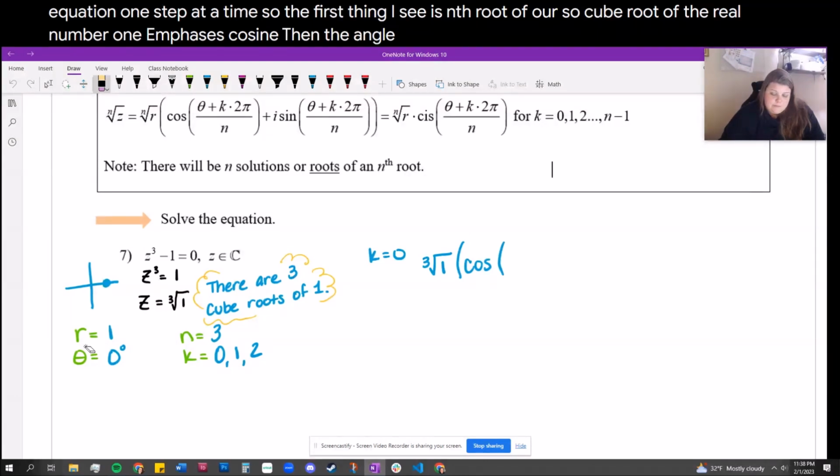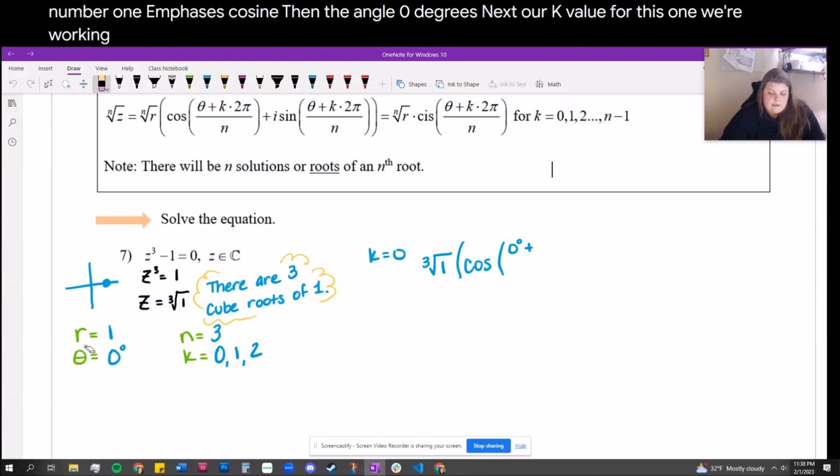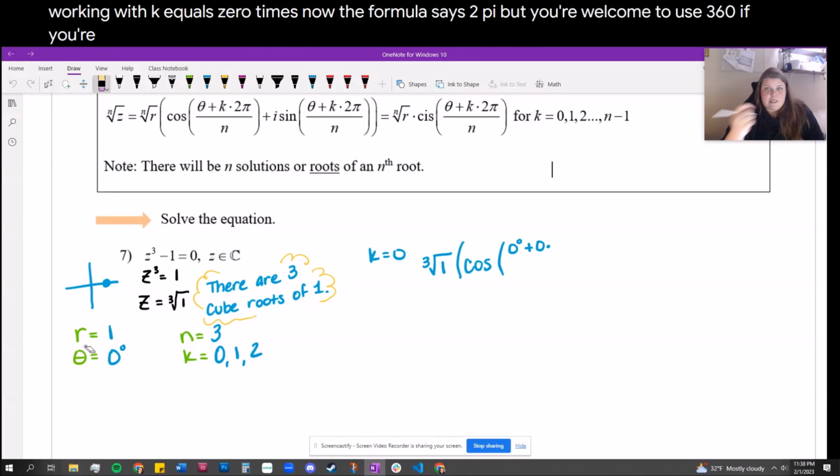Then the angle, 0 degrees. Next, our k value. For this one, we're working with k equals 0. Times. Now, the formula says 2 pi, but you're welcome to use 360 if you're working in degrees.